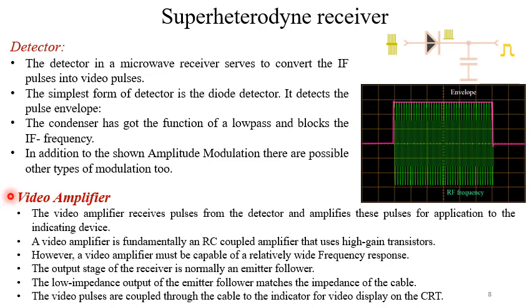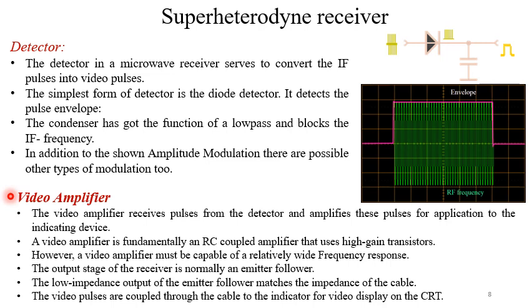Now the video amplifier. The video amplifier receives pulses from the detector and amplifies these pulses for application to the indicating devices or the displays. A video amplifier is fundamentally an RC coupled amplifier that uses high gain transistors.